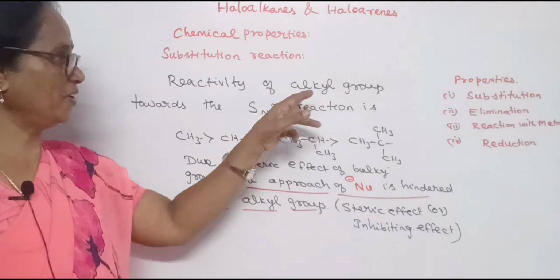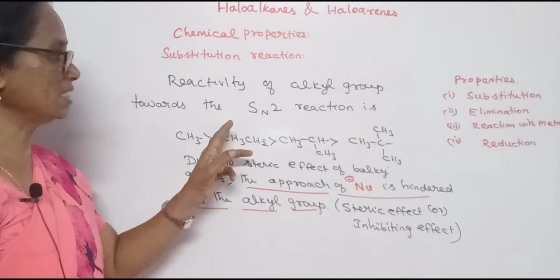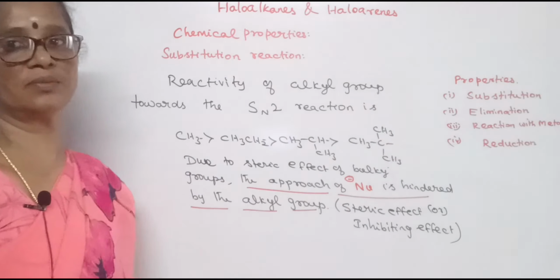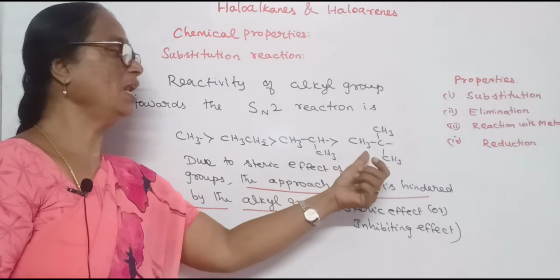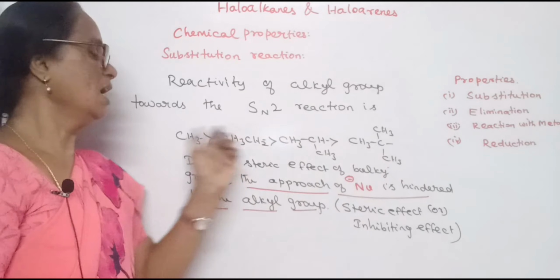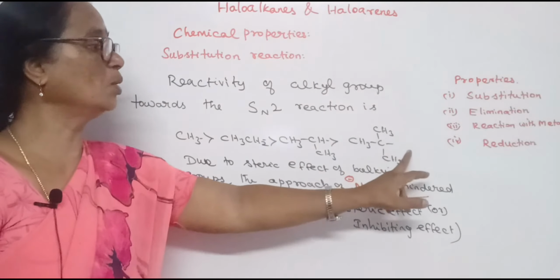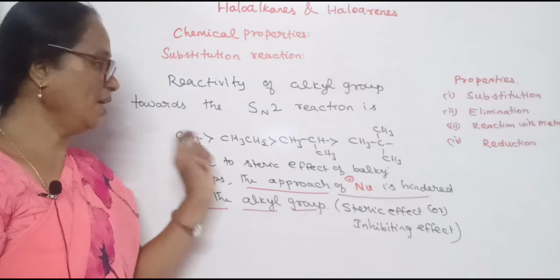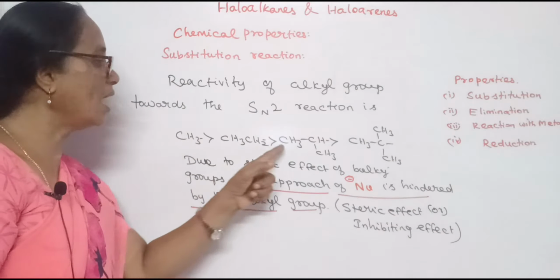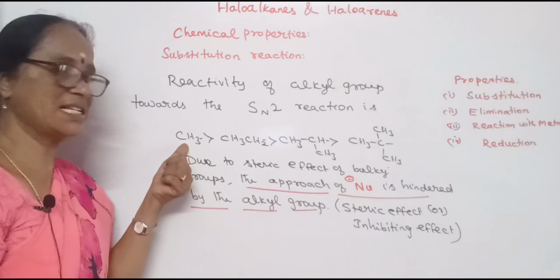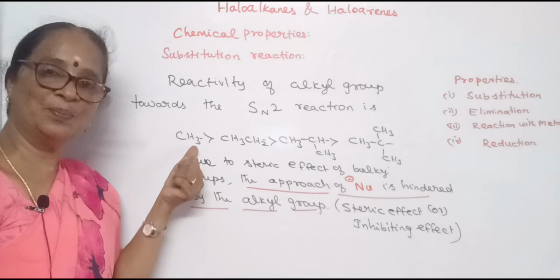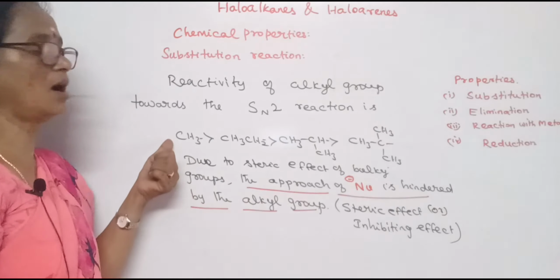Reactivity of different alkyl groups towards the SN2 reaction. We have methyl, ethyl, isopropyl and tertiary butyl. When we go from methyl to tertiary butyl, the number of alkyl groups in the structure increases. In methyl, I have only 3 simple hydrogen atoms with the carbon.